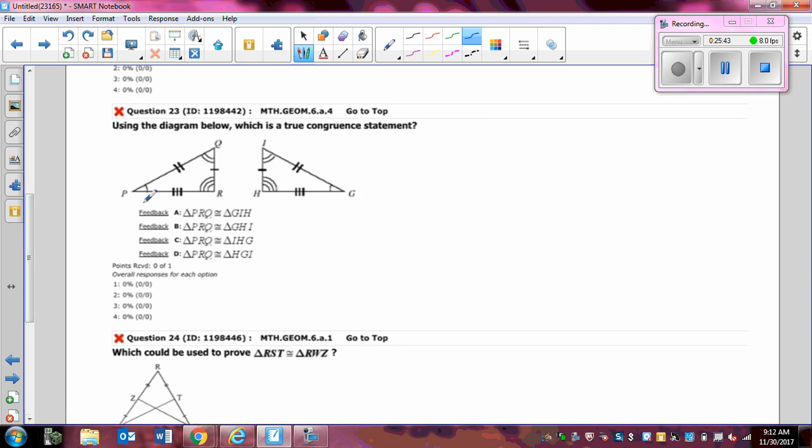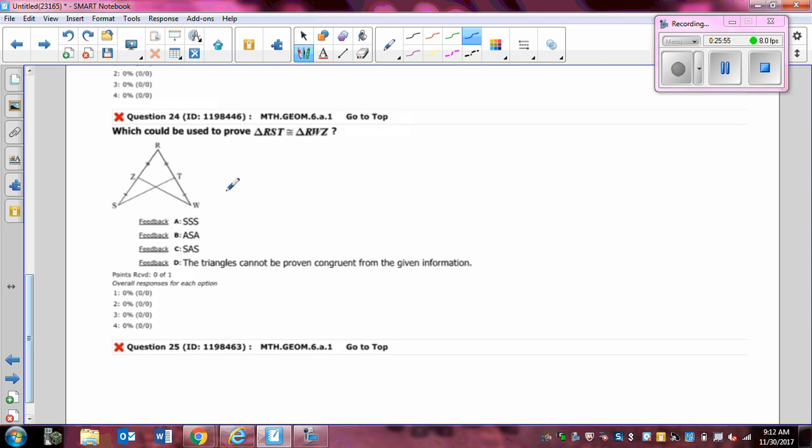The congruency statement, remember that the order matters. P has to be in the same spot that G is in, and I and Q are in the same spot, and then R and H are in the same spot. If these two triangles are congruent, remember we're just going to separate them. Use your pencil color or use your whiteboards, guys, and we're going to separate them.